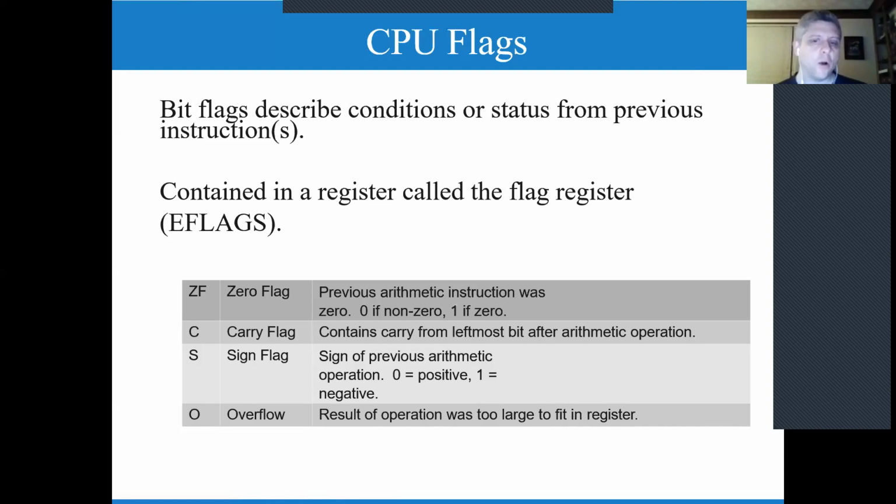And then finally, the overflow flag. If the result of an operation is too large to fit in a register, the overflow flag gets set. We'll really look more at the zero flag as we move forward, but for the most part, just keep these in mind. We'll see these especially when we get to jumps.